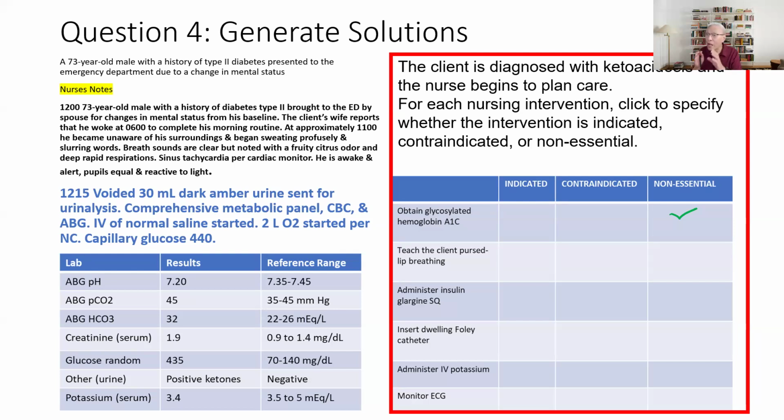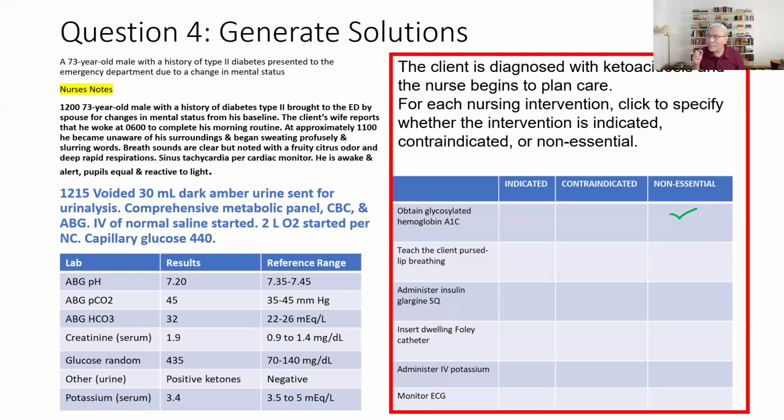You're controlling the expiration so that you can slow down your breathing, and you also can increase your expiratory volume, which means you're going to blow off those excess acids. So this is going to be very, very important. Remember, NCLEX likes this pursed-lip breathing.